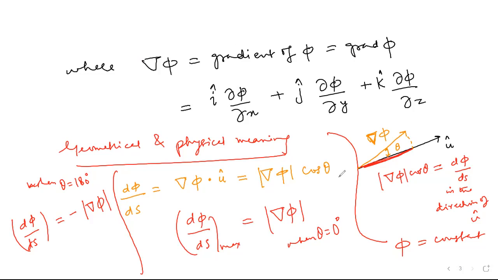So I can say that the largest rate of increase of phi occurs along del phi, and the largest rate of decrease of phi occurs in a direction opposite to that of the gradient of phi. This is how we interpret it physically and geometrically.